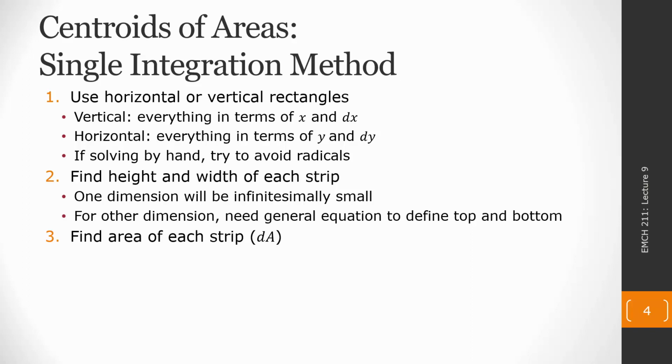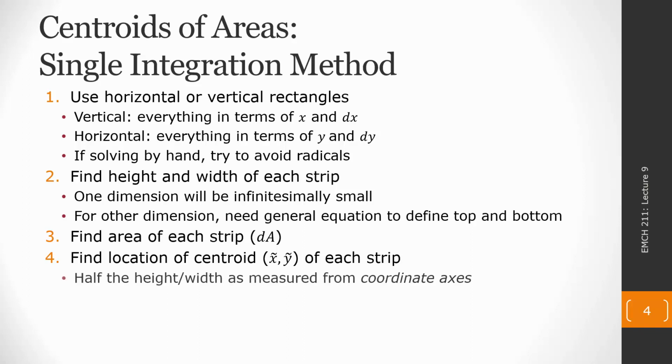Then we can go on and find the centroid. So what we can do is we can find the centroid of every strip. So again, generically finding what I'm going to call x tilde and y tilde, the centroidal location of any one strip. And what we want to do is we want to measure that distance from the coordinate axis.